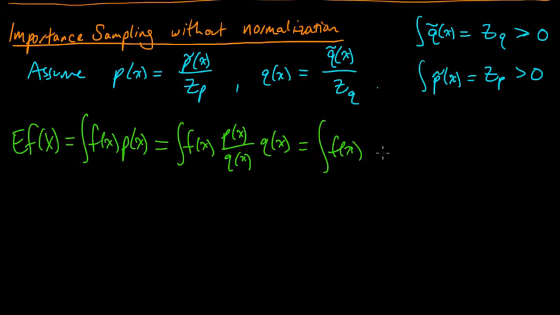We get f of x p tilde of x over q tilde of x. Then we have to put in their normalizing constants, Zq over Zp, and let's leave q here. So we'll be assuming that we can still draw samples efficiently from q, but that we just can't evaluate p and q efficiently.